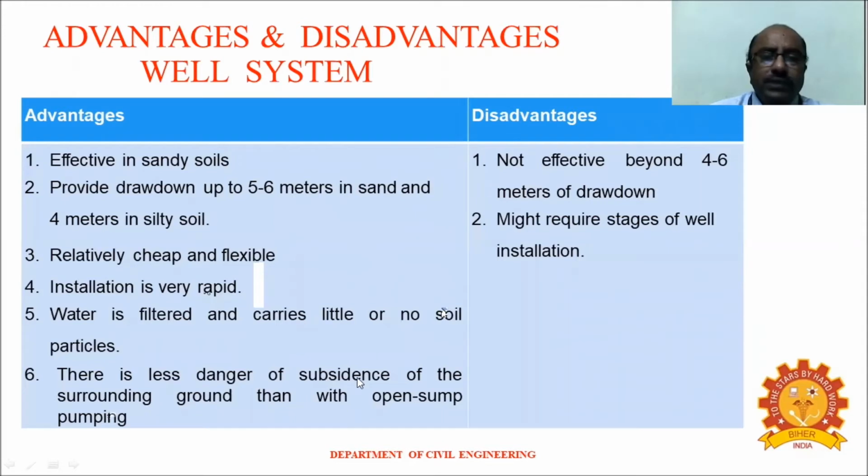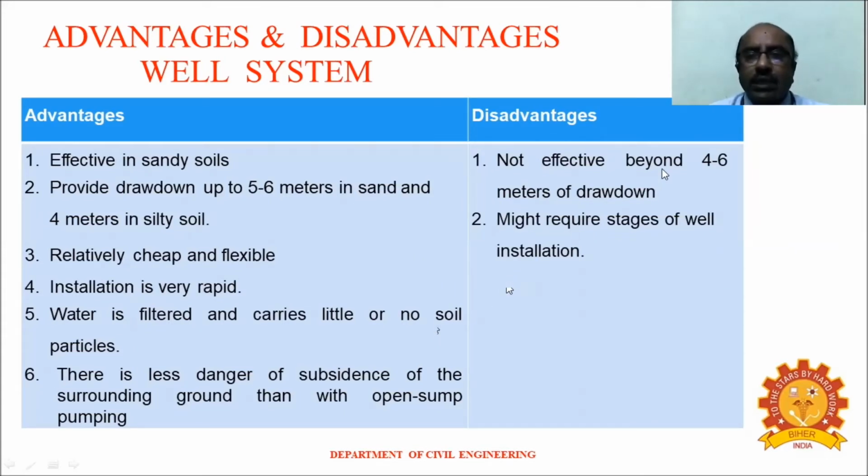And there is less danger of subsidence of the surrounding ground soil, which may happen in an open sump. When you pump out the water, the slopes can subside because of the pumping. Whereas in this well system, we have the riser pipes, which are a protection for the soil, so that the water can be pumped out without any danger.